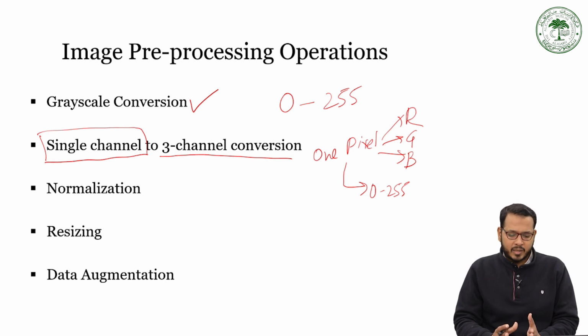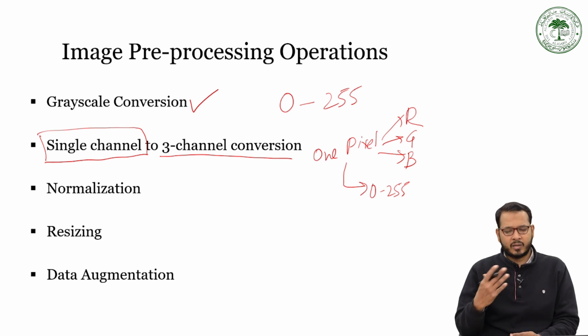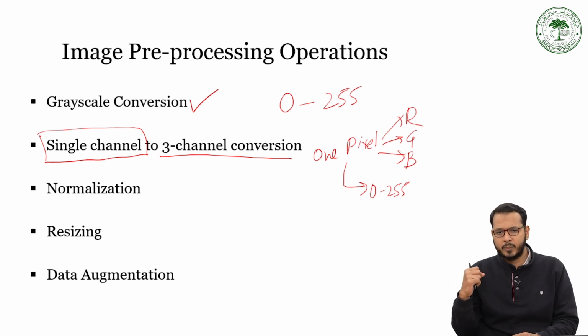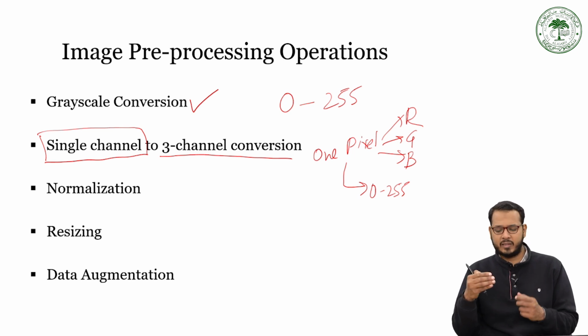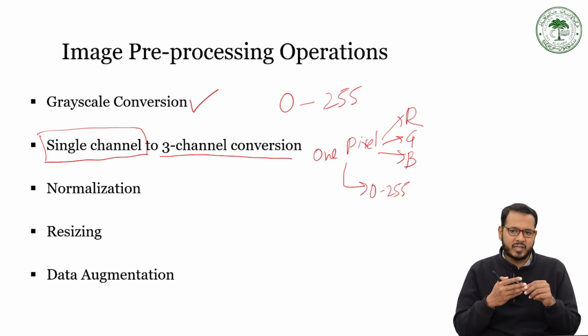In some models, especially in the case of transfer learning, which is a subcomponent of deep learning, we have a pre-trained model which takes input in a certain format. It means they can process only those images which are 3-channel images, that is, they contain the values of red, green, and blue.